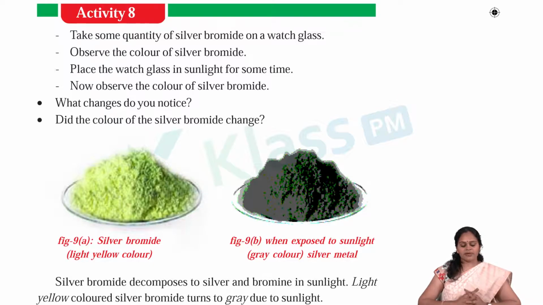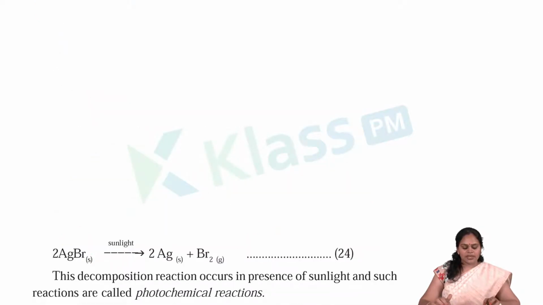In the above activity, on passing the electricity, water dissociates to hydrogen and oxygen. The equation is 2H2O, electrolysis gives you 2H2 plus O2. Oxygen is liberated here. In the next activity, they have given silver bromide. Silver bromide is a light yellow colored substance.